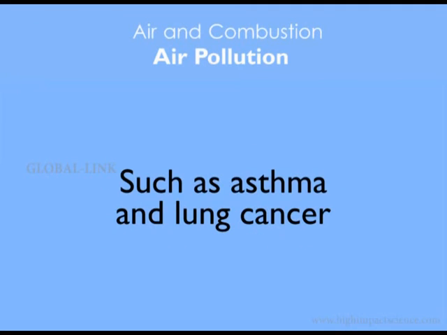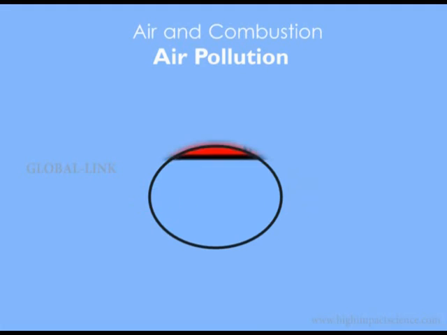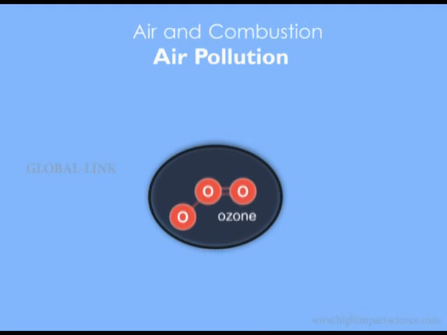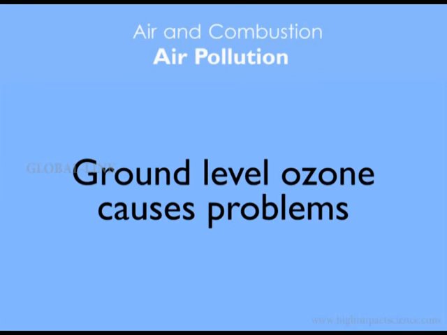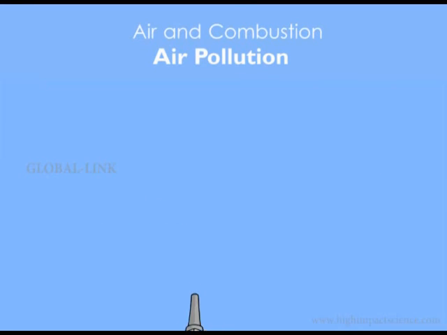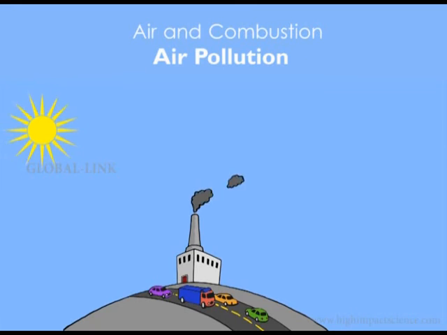Chronic or prolonged exposure to solid particles can contribute to the risk of cardiovascular and respiratory diseases, typically asthma, as well as lung cancer. Ozone absorbs harmful UV radiations from the sun in the upper atmosphere and can help prevent the increased risk of skin cancer. However, ground-level ozone causes problems. It does so by a chemical reaction which is triggered by absorption of light.